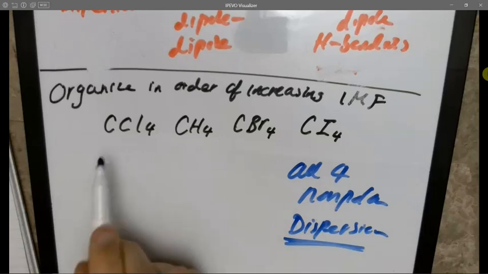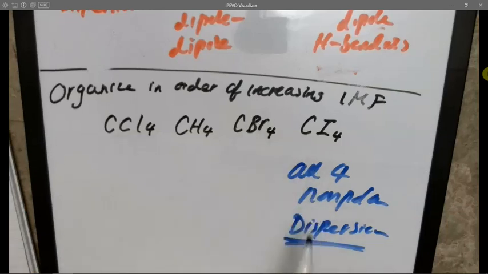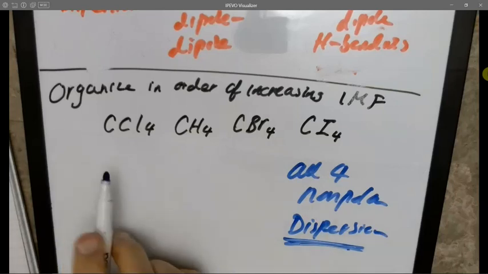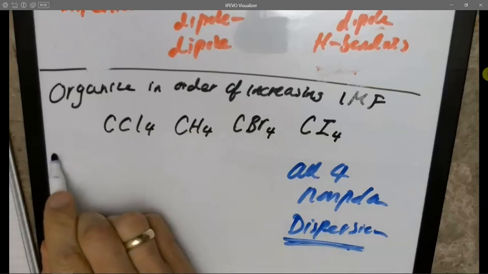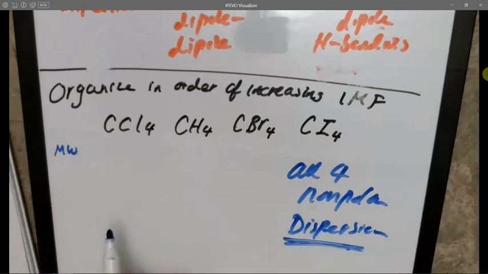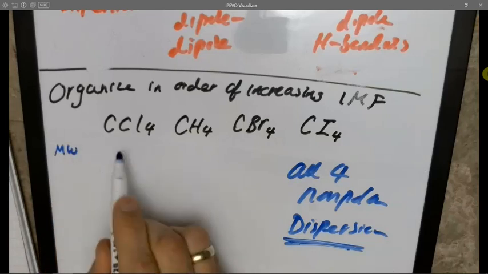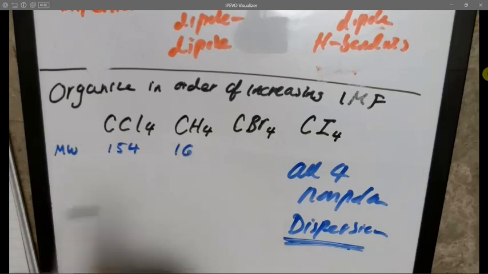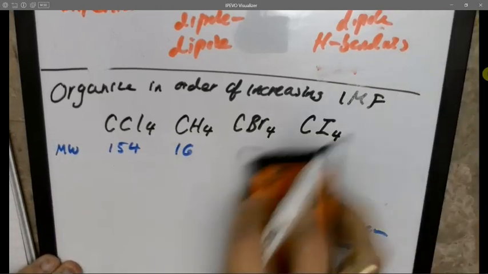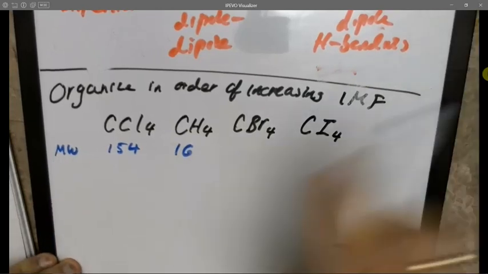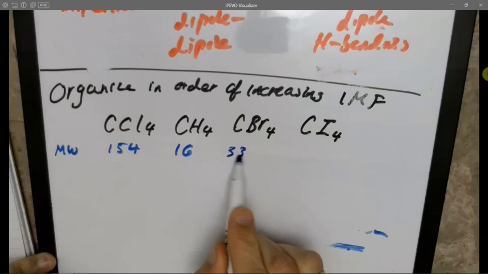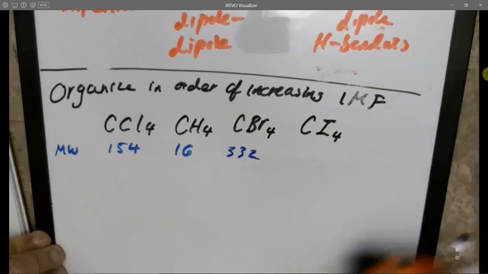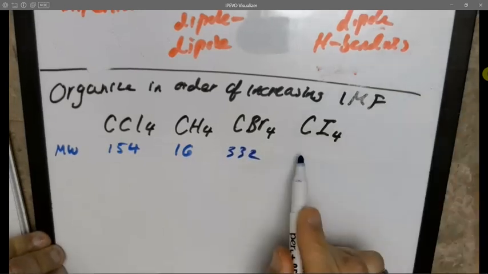Well, we said that to increase dispersion, or really anything, it's the higher molecular weight. So I'll just find the molecular weights for these things. For CCl4, it's 154. CH4 is 16. CBr4 is 332. And CI4 is 520.